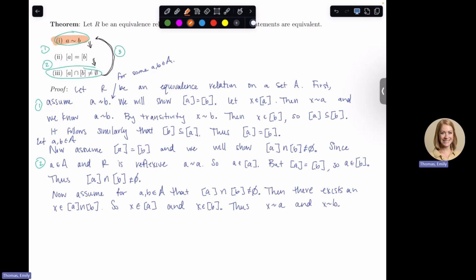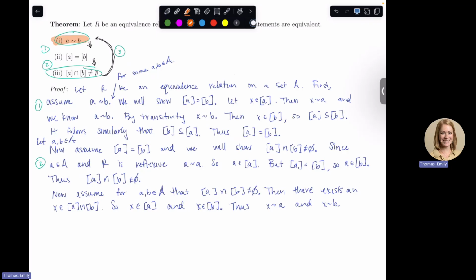How shall we go about that? R is an equivalence relation, so it is reflexive and symmetric and transitive. Can you make it symmetric and then say it's transitive?